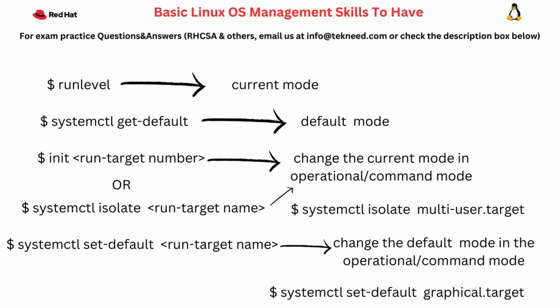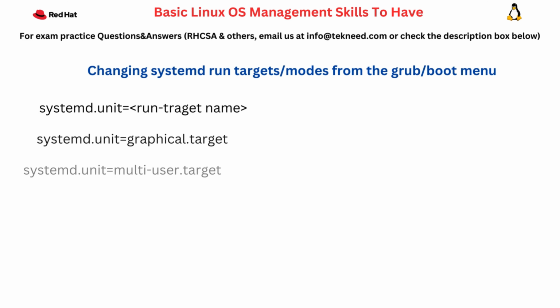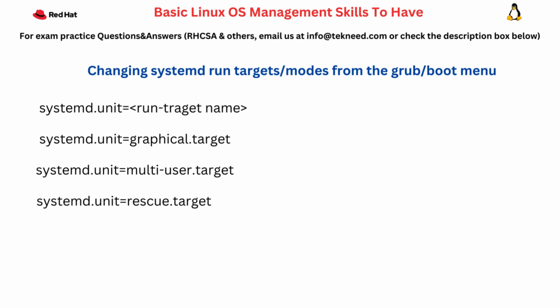So if you want to change the run target from the grub menu, by the time you reboot your system and you're at the grub menu, at the end of the Linux line, one can simply add the parameter systemd.unit=graphical.target if you're changing to graphical.target, and if you're changing to multi-user mode, of course you can just use systemd.unit=multi-user.target, and if you're changing to the rescue mode, you can use the parameter systemd.unit=rescue.target.